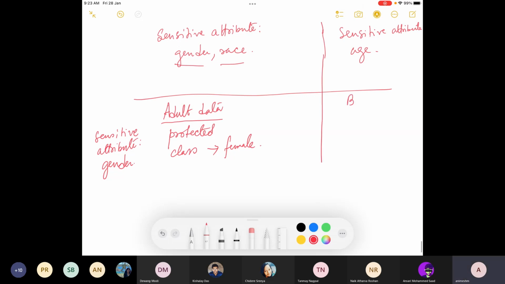Okay. Then here for the bank data, as I said, the sensitive attribute is age, and the age bracket which belongs to the protected class is between 25 and 60.